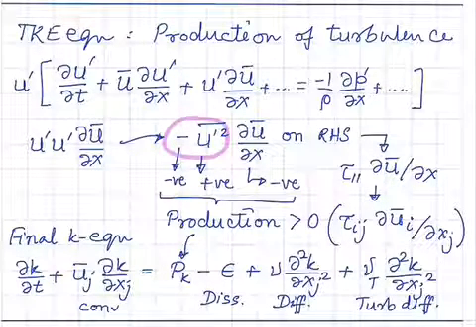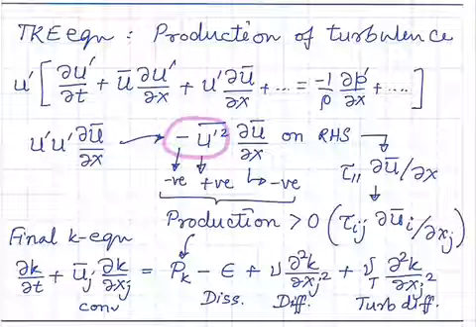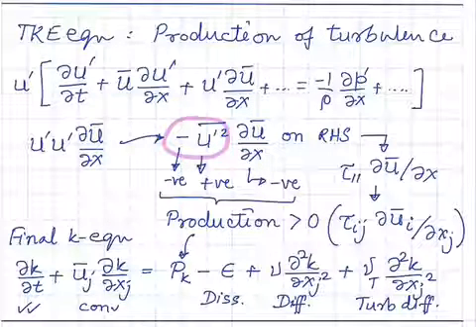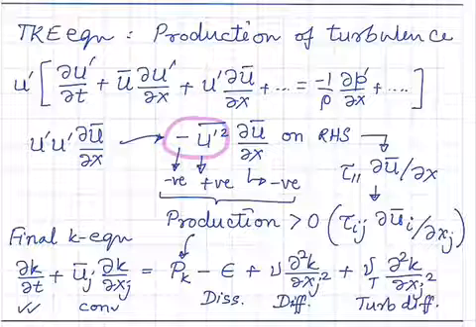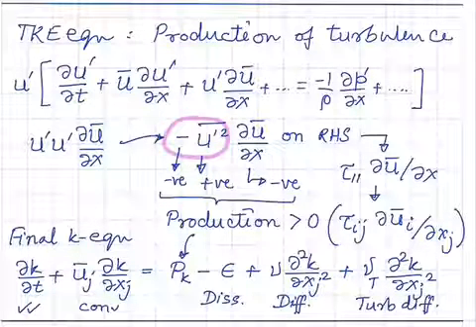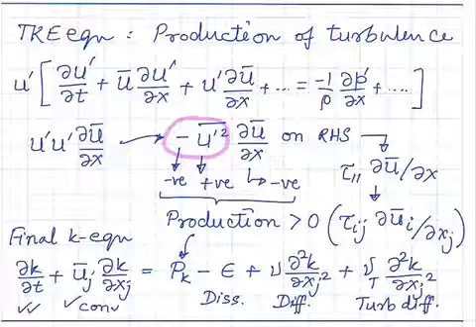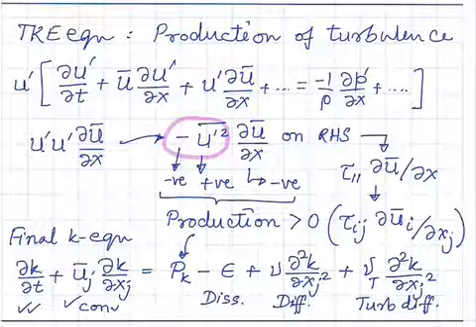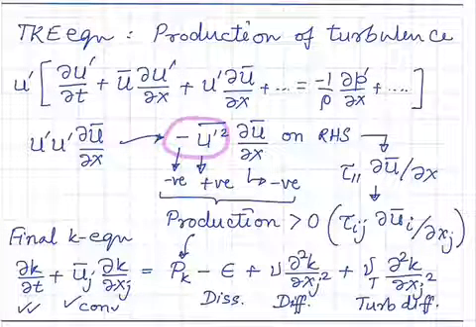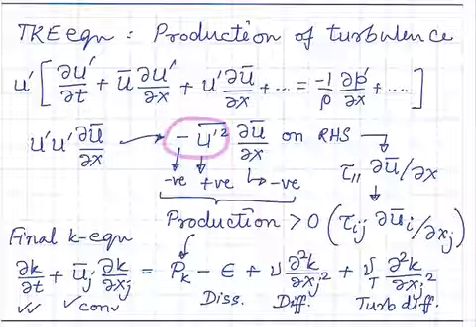So in the equation for turbulent kinetic energy, the left hand side represents how turbulent kinetic energy accumulates at a point in the flow, which could be because of the convection effect. Turbulence can be carried with the mean flow from another location to this point by the mean velocity. There could be generation of turbulence because of mean velocity gradients, production.